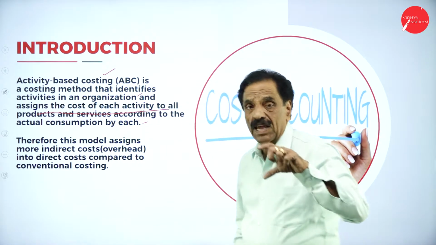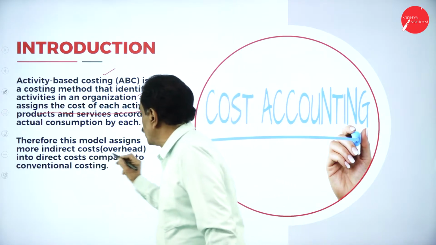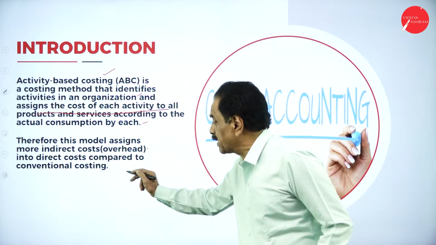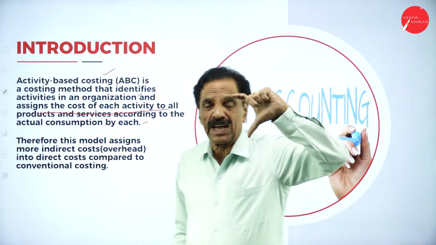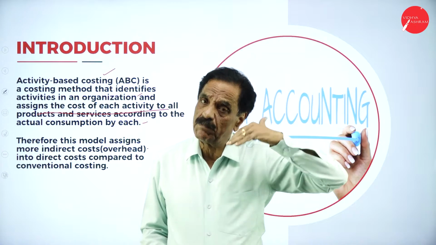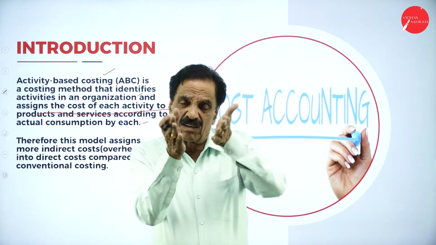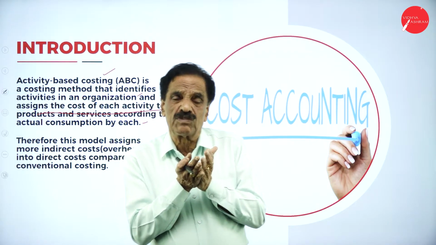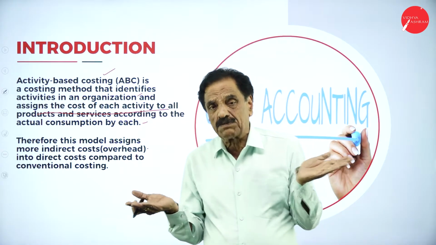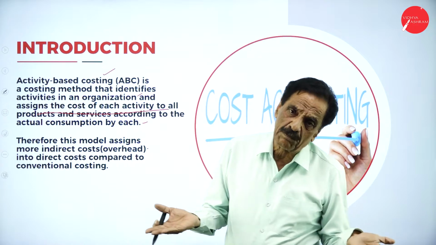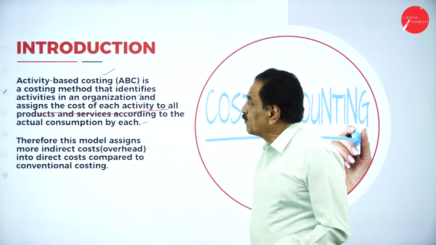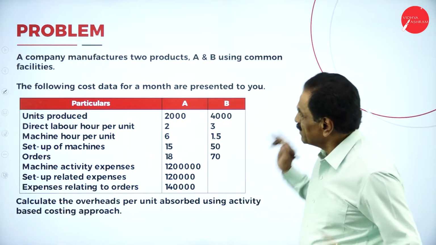Therefore, this method assigns more indirect cost accurately. The activity may be machine hour rate, setup cost, or ordering cost. According to these activities, we are going to find out the total overhead expense for product A or product B. Let us go with the problem.